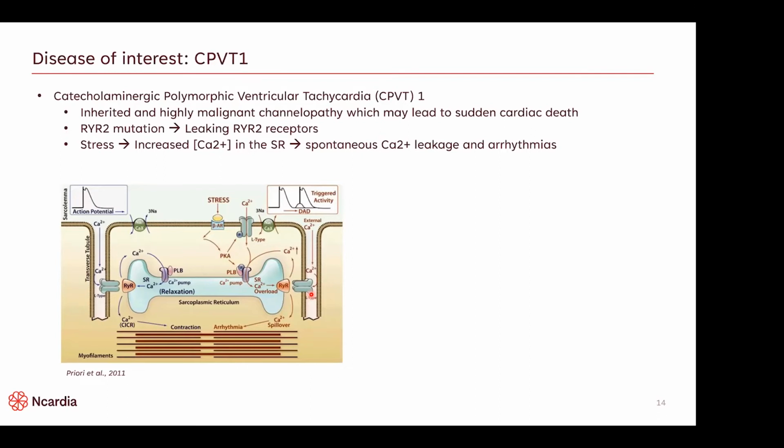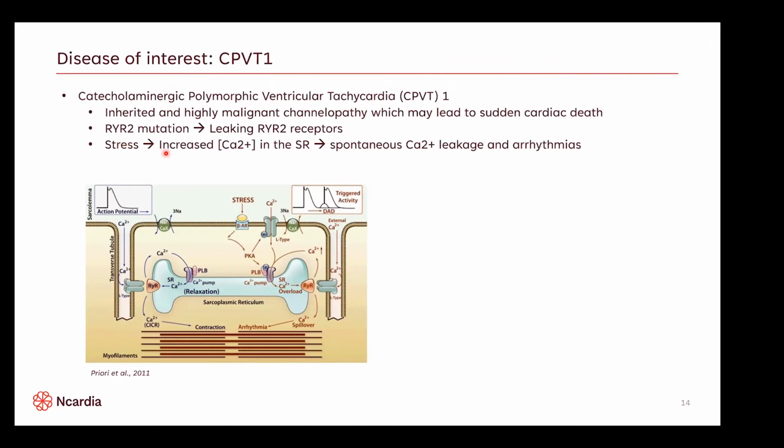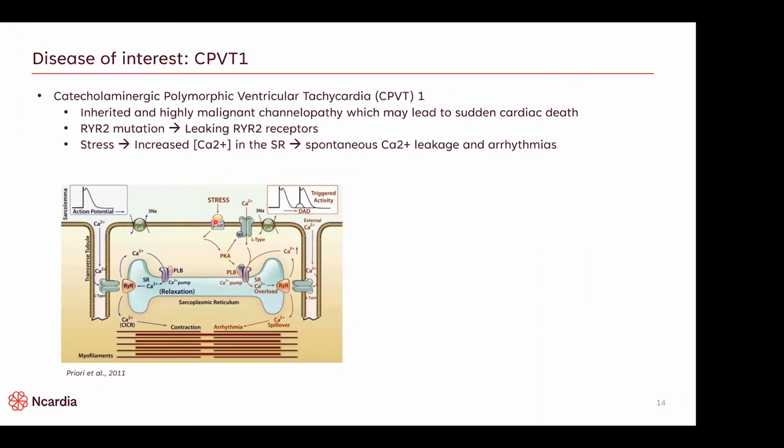CPVT is an inherited and highly malignant channelopathy, which may lead to sudden cardiac death. It is related to a mutation in a ryanodine receptor, which leads to leaky receptors. So what can happen, for instance, with a patient suffering from CPVT is that upon certain stress, you get elevated PKA levels that lead to the phosphorylation and subsequent activation of certain channels like the L-type calcium channel, phospholamban, and that leads to an increase in calcium both in the cytosol as well as in the sarcoplasmic reticulum.